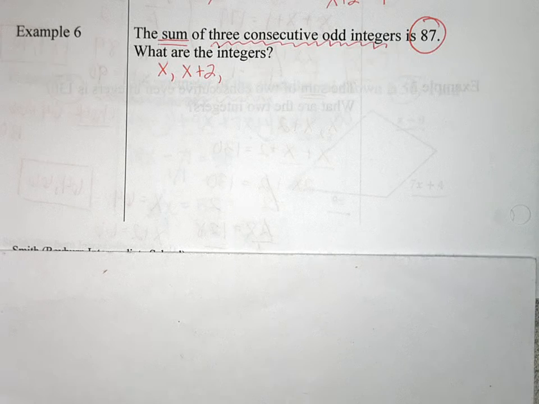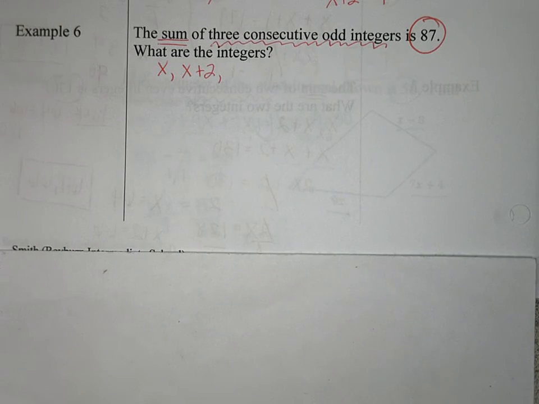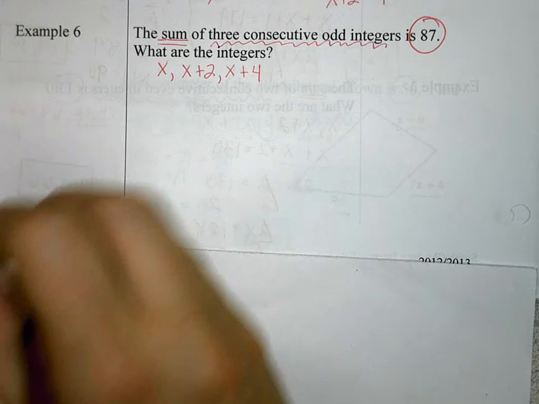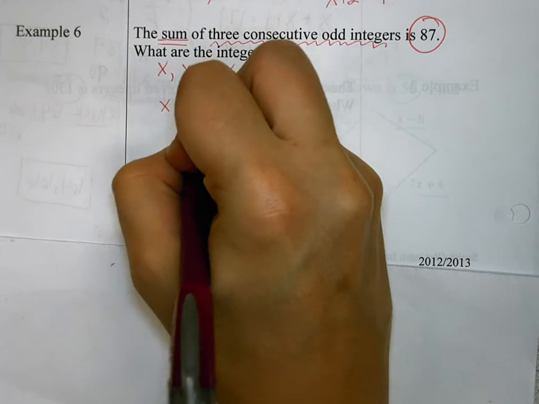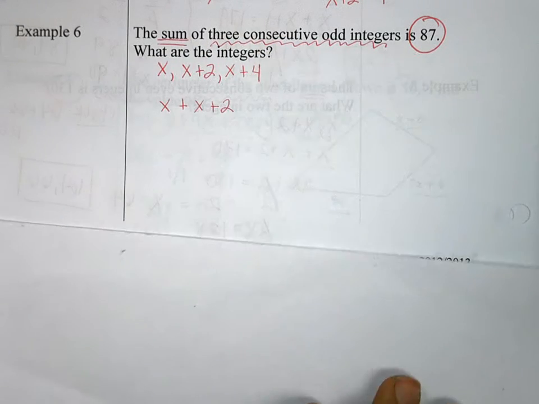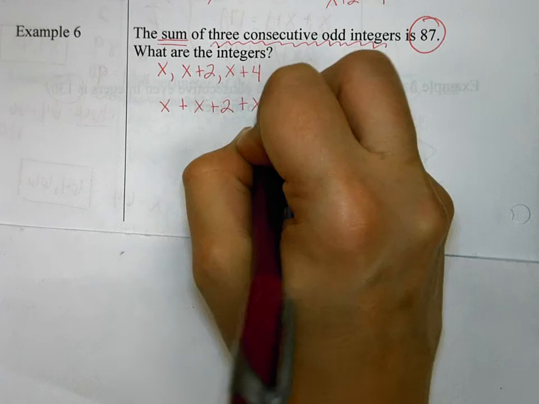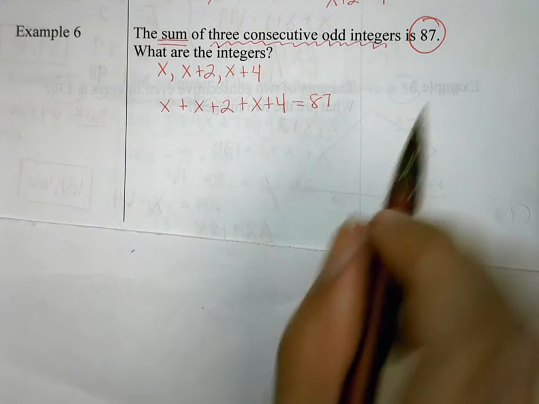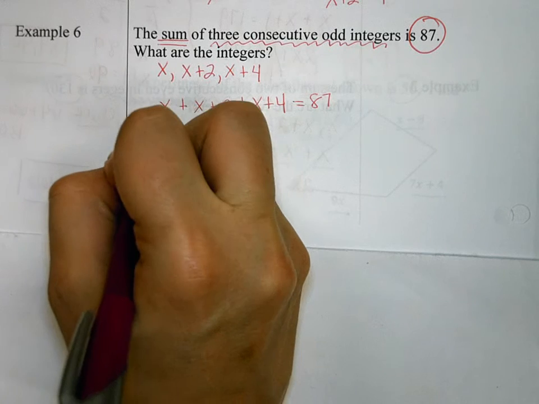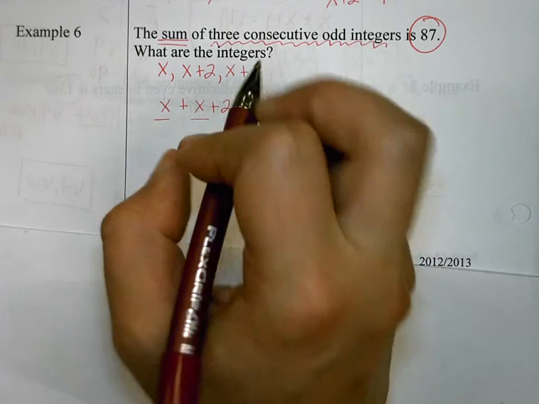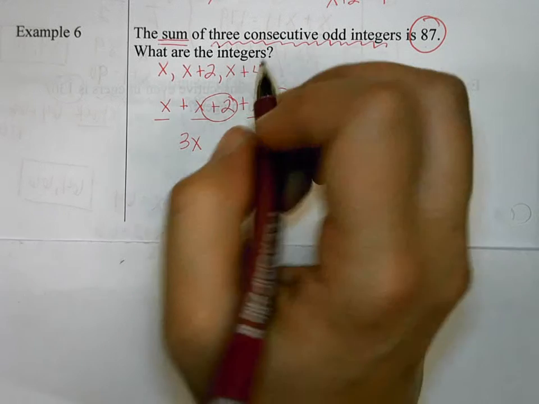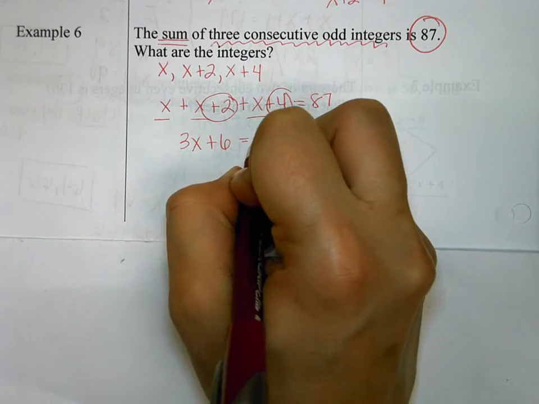And then I have to skip another even integer, so that would give me x plus 4. So I'm going to add all of those together, x plus x plus 2 plus x plus 4, and we want it to equal 87. Combining like terms, I have x plus x plus x, so 3x, and then 2 plus 4 gives me plus 6, equals 87.